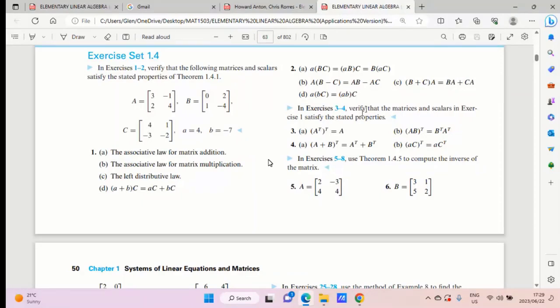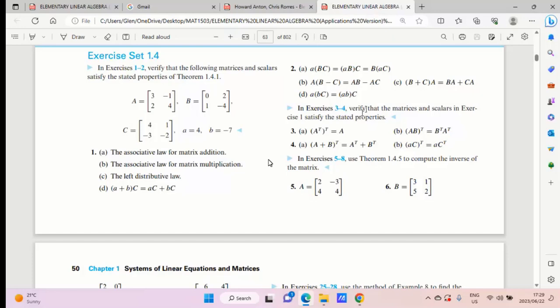Let's continue. Now we are bringing in A from the left hand side. A is 3, minus 1, 2, and 4.